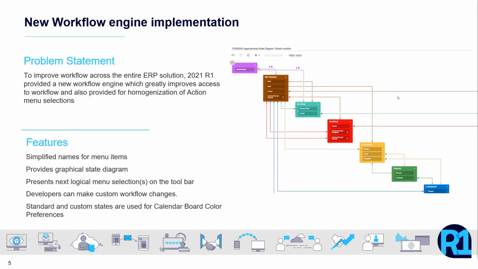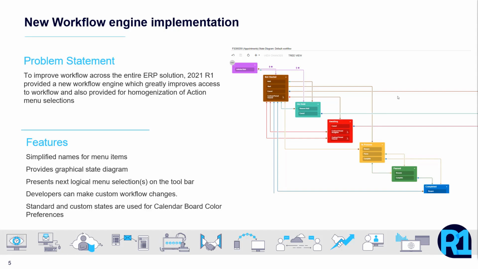The next logical menu selections show up on the toolbar for us, and your developers can take this workflow tool and make custom workflow changes for field service so that you can have custom workflows for each service order type if you wish. And of course, these standard and custom states for the workflow are used by the calendar board color preferences window to change calendar colors.